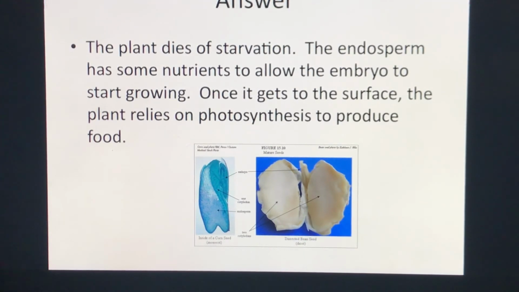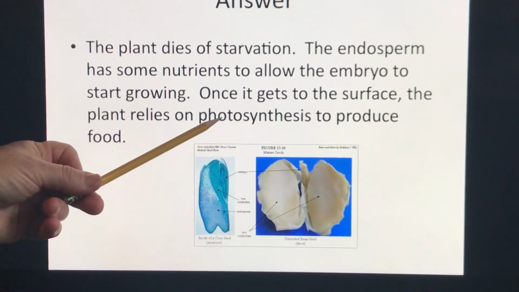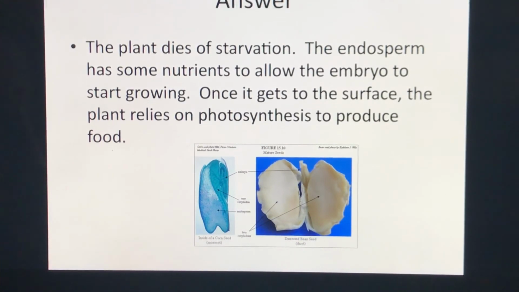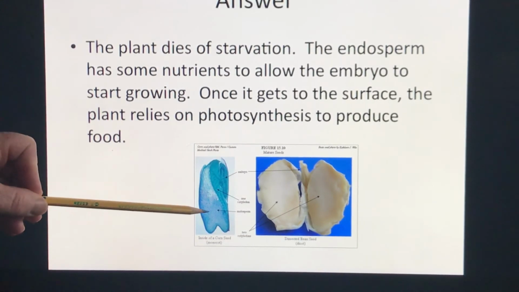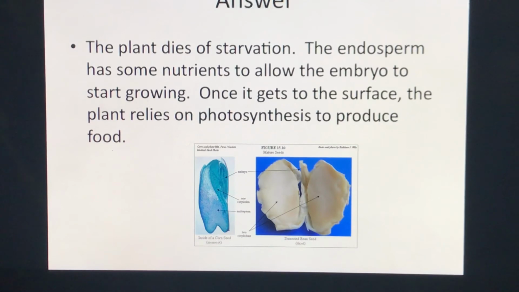Once it gets to the surface, the plant relies on photosynthesis. But if it's buried too deep in the soil, then it may not have enough of the nutrients from the endosperm to make it through the soil, and so it would die.